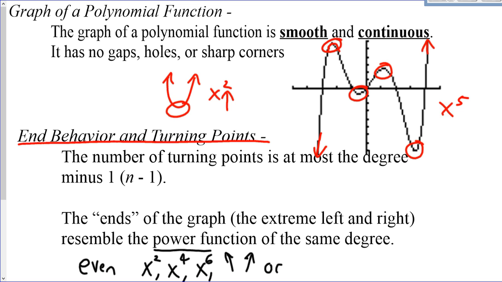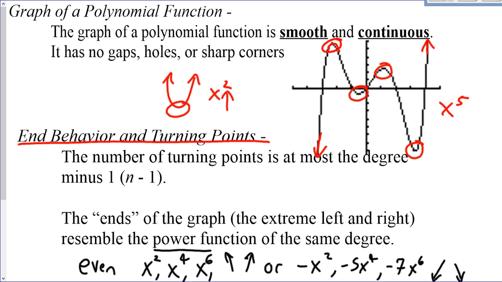Or if your coefficient in front of it, so if you have negative x squared, negative 5x to the 4th, doesn't matter what that coefficient is, but if it's negative, then it's going to start low, end low.